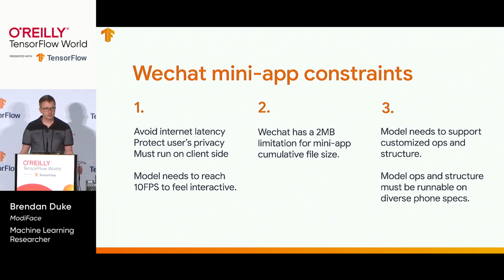So first of all, we want to deploy our applications on the client side. This is for user privacy and to avoid the latency from doing a round trip to a backend server every frame. And also, we have a soft requirement of at least 10 frames per second in order for our applications to feel interactive.